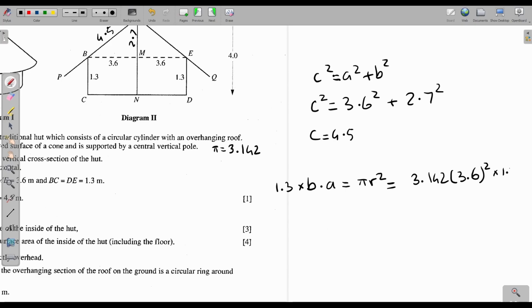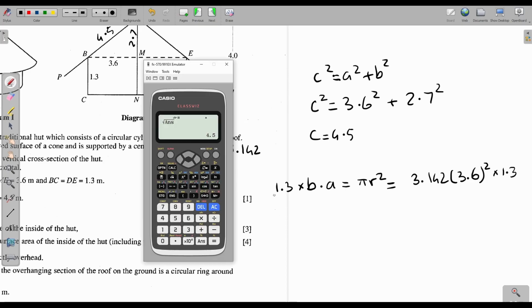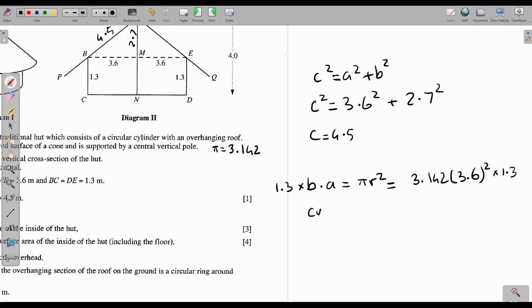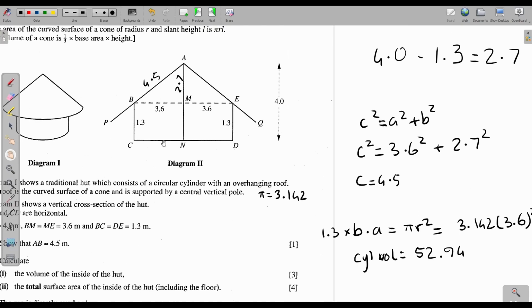We can use our calculator again. That gives us 52.94. So cylinder volume is equal to 52.94. That's what I'm going to take.